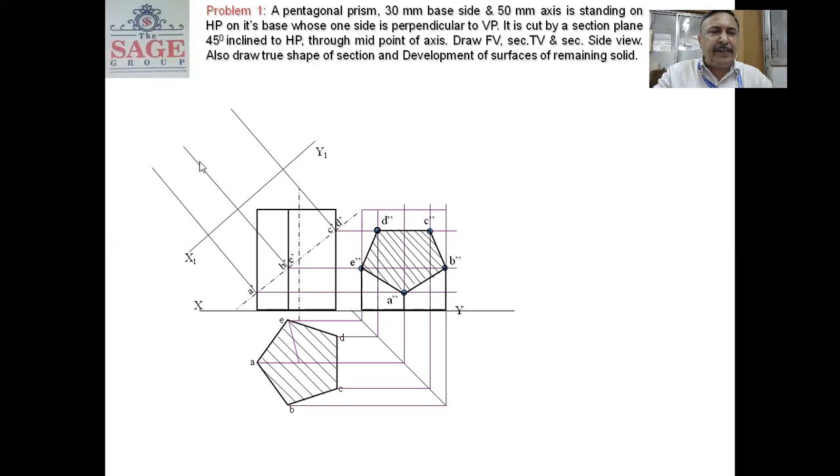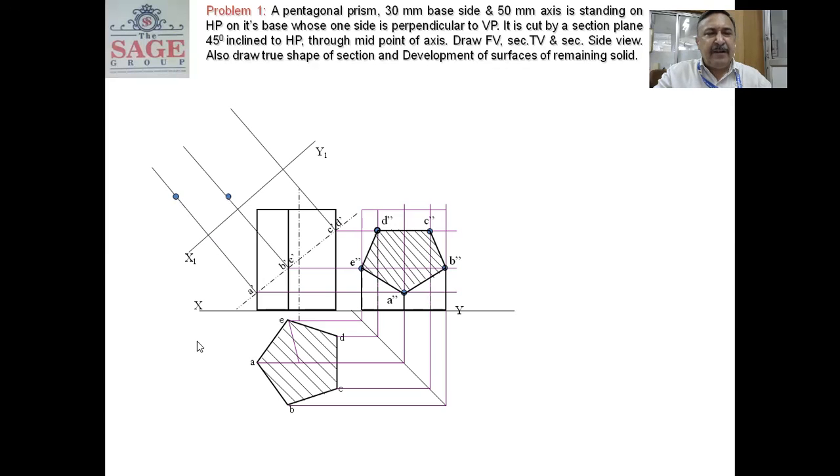Now on these projectors, we get points A, B, C, D, E. Then how far it is from the XY line, this distance we mark here. How? Suppose this is point A. So take this distance from the XY line to A, and mark it from the X1 line to this point.